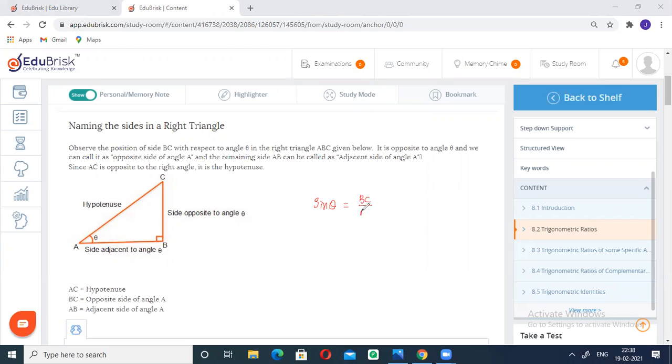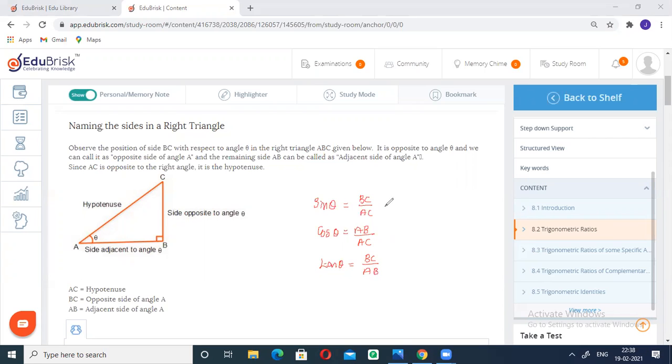Cos theta will be equal to adjacent side, that is AB divided by AC. Tan theta is equal to opposite side, that is BC, divided by adjacent side, that is AB.